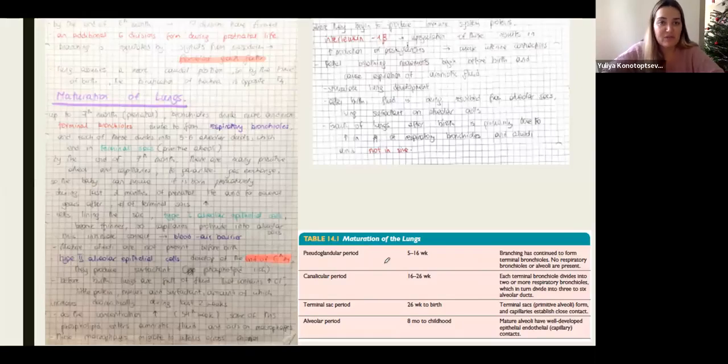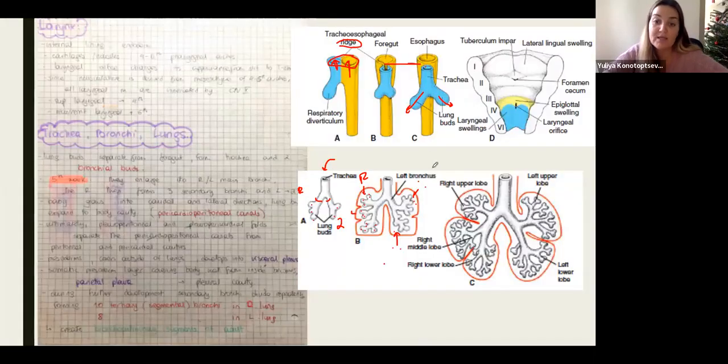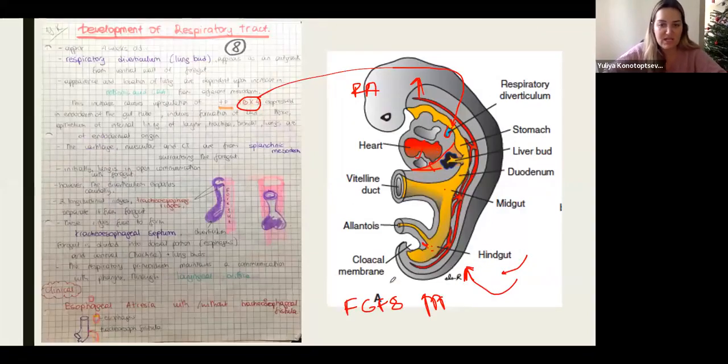This patterning, this growth, is regulated by fibroblast growth factor. So if they ask you why exactly this respiratory diverticulum continues to branch out, this is regulated by fibroblast growth factor. Not FGF8, because 8 is in the tail. Just fibroblast growth factor regulates this entire process.